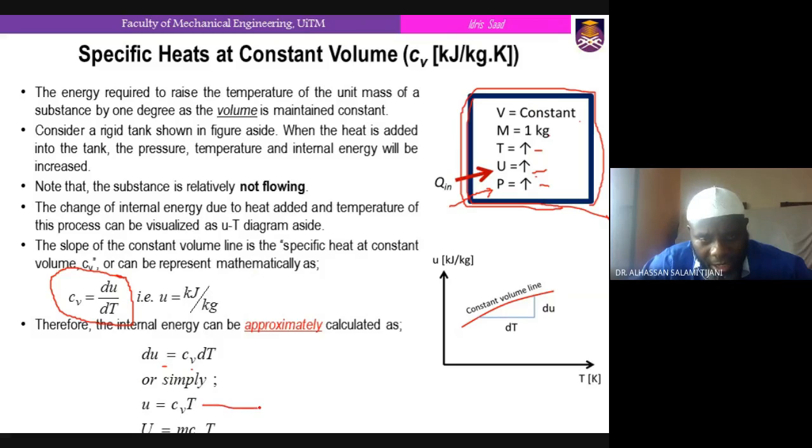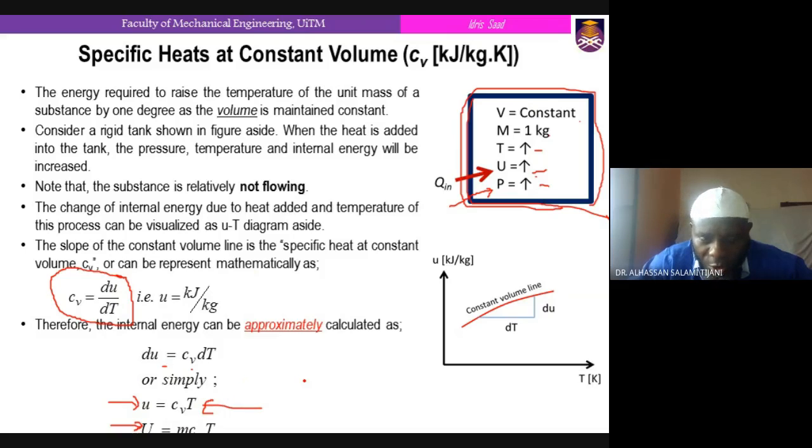So you see here, the internal energy depends largely on only temperature. Higher temperature, higher internal energy. This is what we call specific internal energy. Absolute internal energy means we need to multiply by mass.